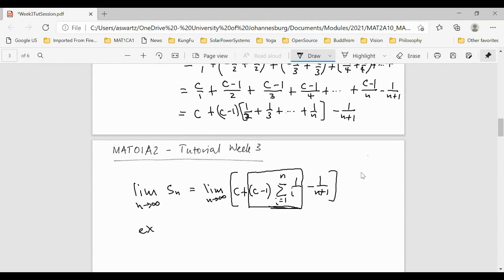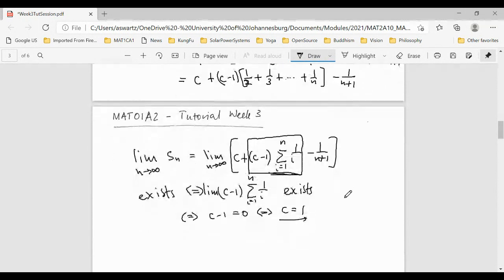So that limit exists if and only if c minus 1 times that sum, 1 over i from 1 to n, that limit exists if and only if c minus 1 is 0, if and only if c equals 1. Okay, so that's definitely one that takes quite a bit of thinking and quite a bit of work.